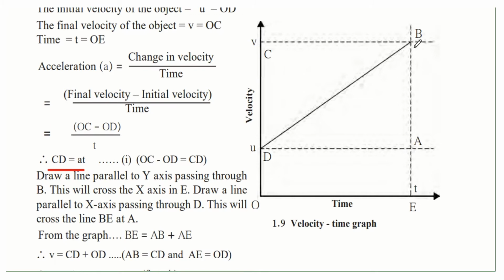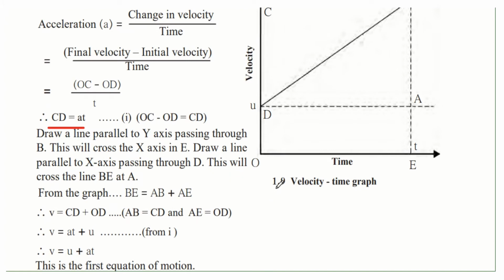So if we see carefully, BE would be equal to BA plus AE. But BA is also equal to CD and AE is also equal to DO because these lines are parallel, so the distance between them would be the same.